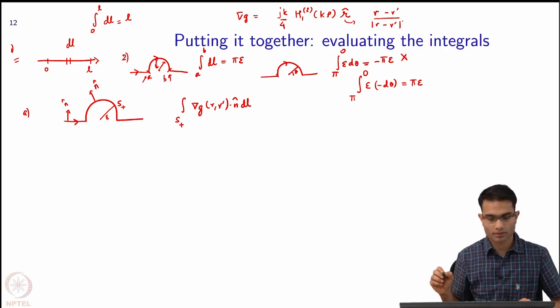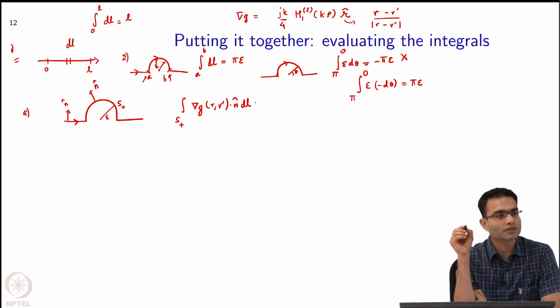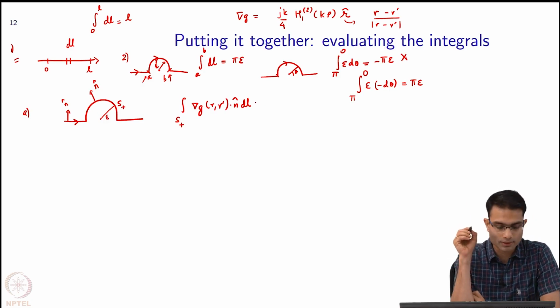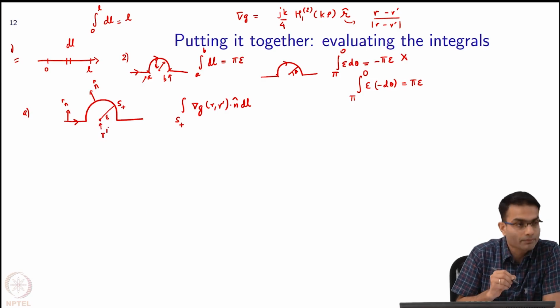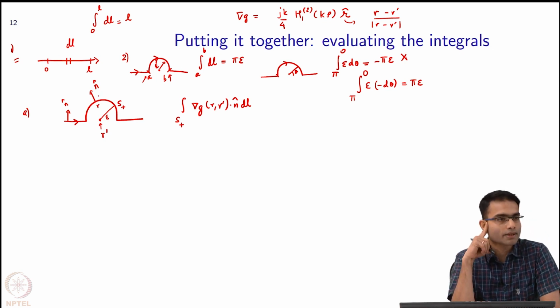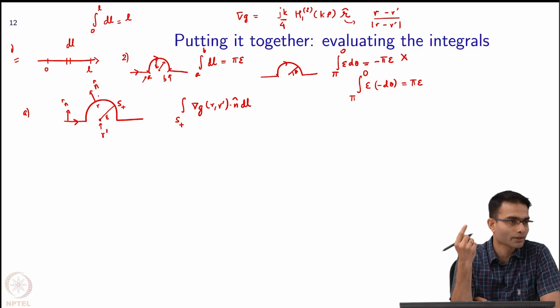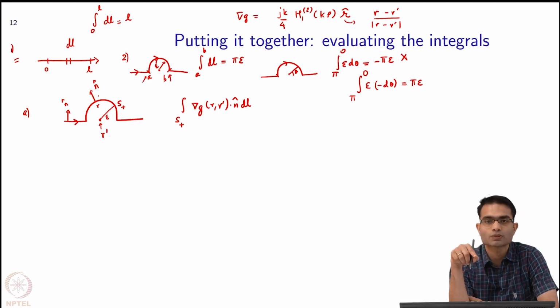Okay. So, now let us look at this integral over here, and which n hat it is. This point over here is my r prime, and let us say this is my point r. So, r minus r prime, which way is it pointing? It is my radially outward vector, and along this circle S plus, which way is n hat?